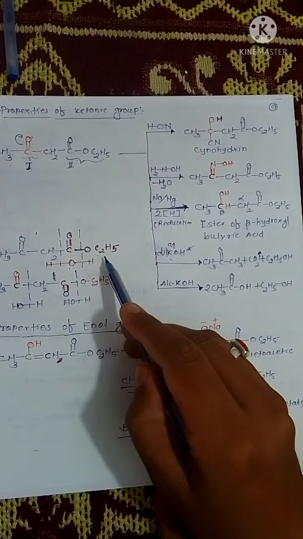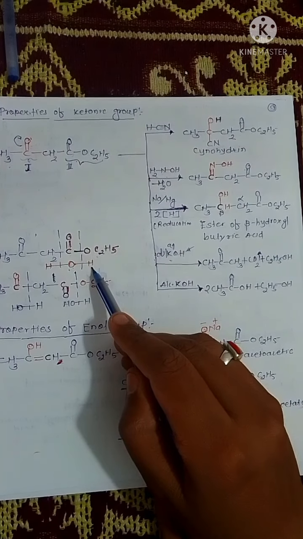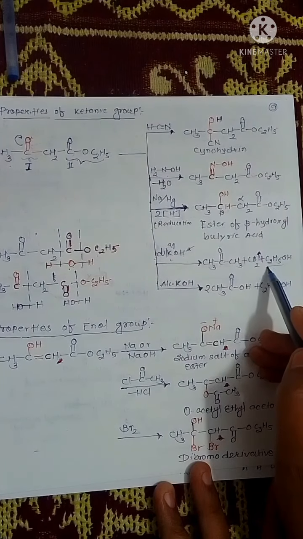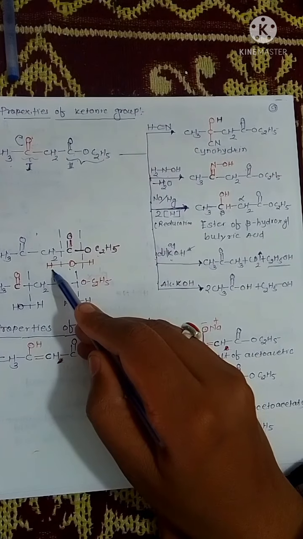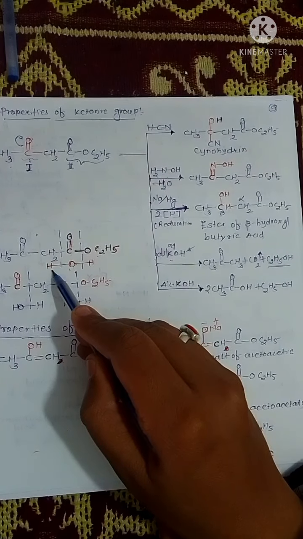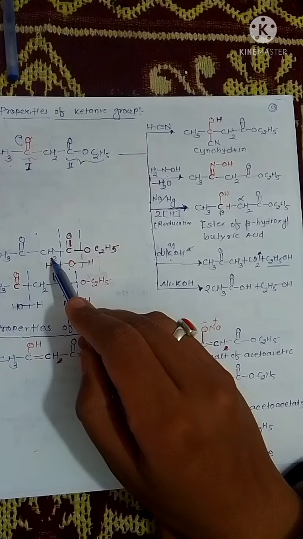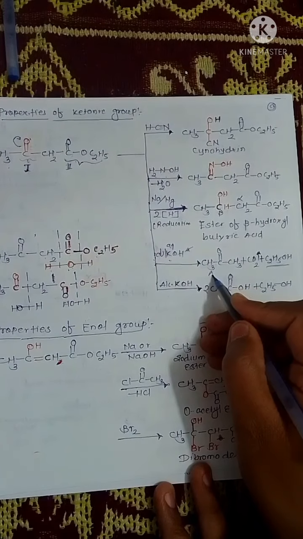One of the hydrogens is taken by this C2H5O, and the hydrogen comes from water. So ethyl alcohol also comes as a byproduct. One of the hydrogens of water attaches to CH3 C double bond O CH2. So we got basically acetone.